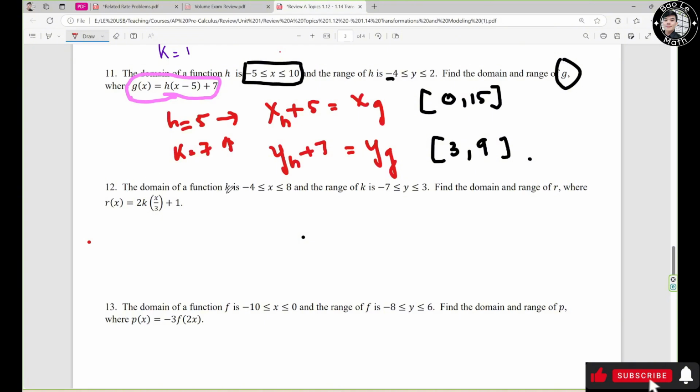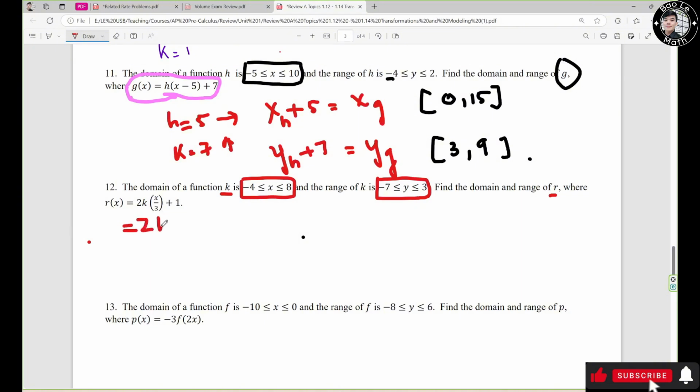The domain of the function k is negative 4 to 8, and the range is negative 7 to 3. Find the domain and the range of the function r, where r of s equals 2 times k of s over 3 plus 1, right? So I just rewrite this one a little bit.